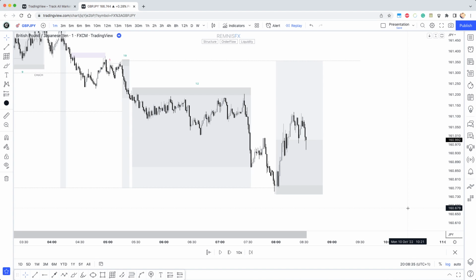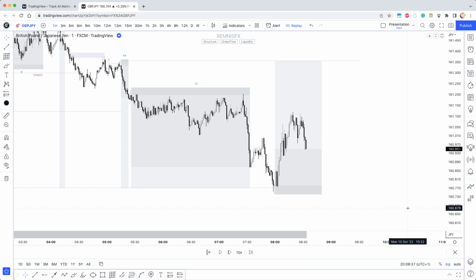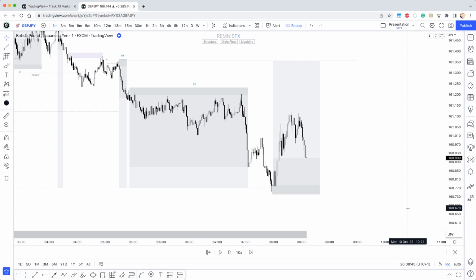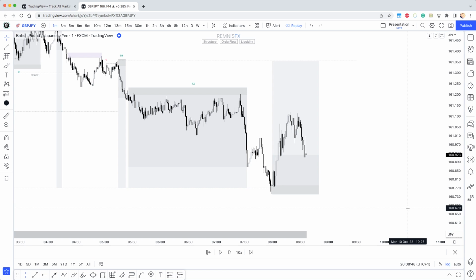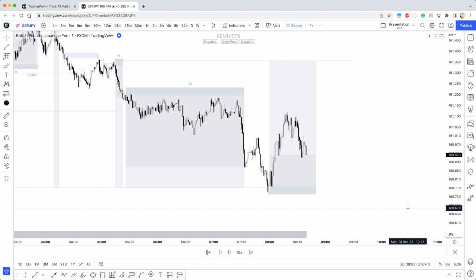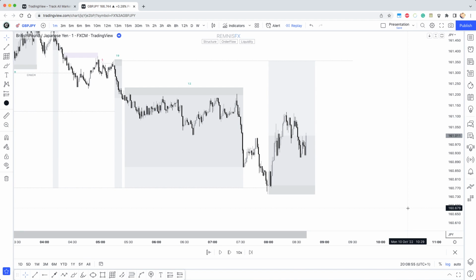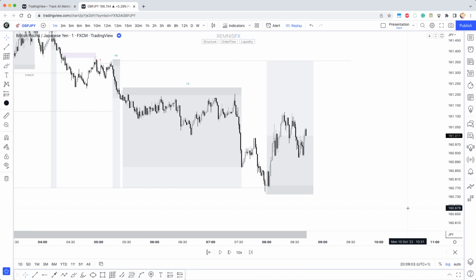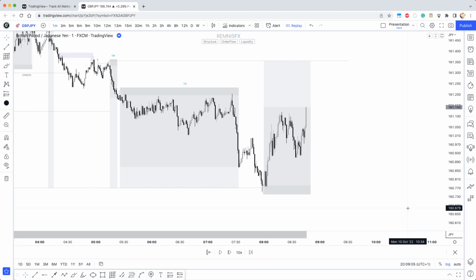Yeah, that's like a big wick. From the looks of it, price may come down, but okay. Buying volume is coming back. Yeah. Okay.